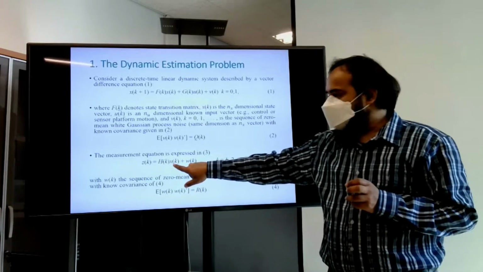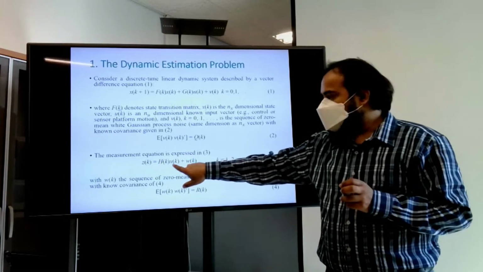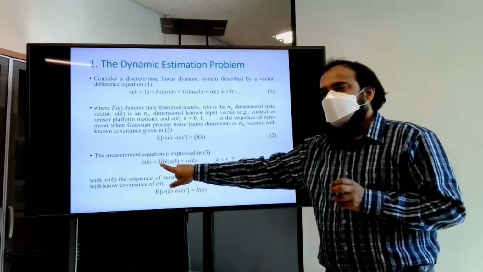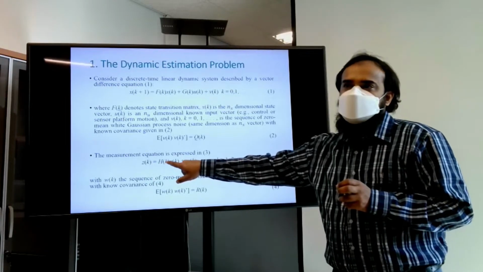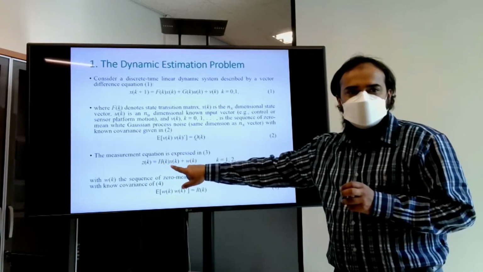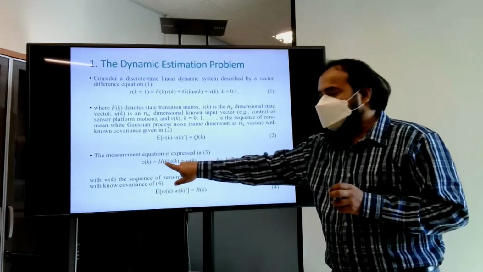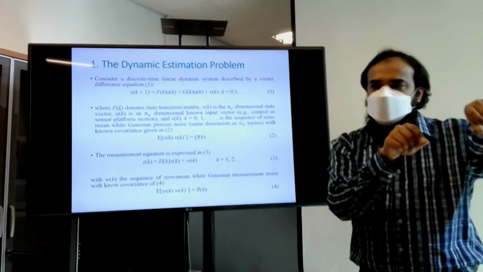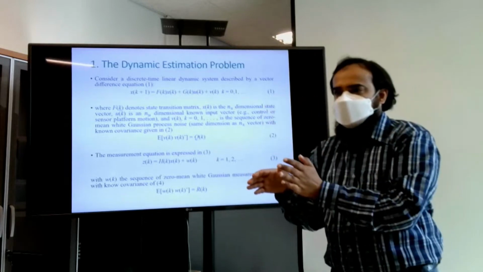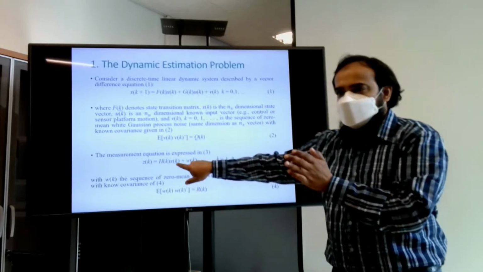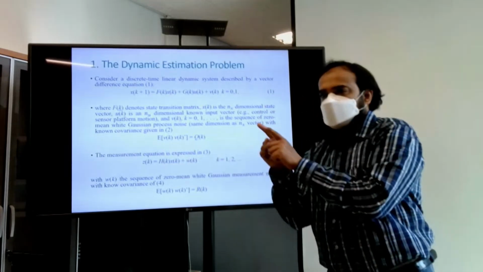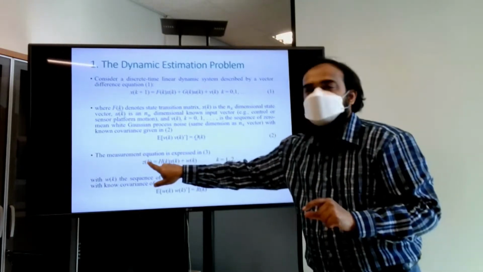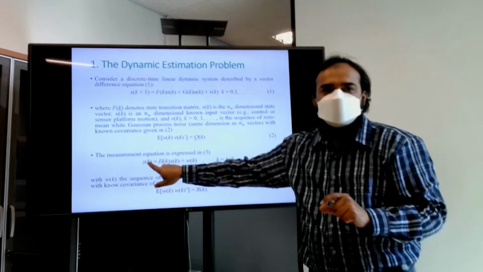Okay, so if it is a 4 by 1 vector, then it will be a 2 by 4 matrix. Out of the 2 by 4 matrix, half is the identity and half is 0, so that when it multiplies the state, it will select only the position. The output is a 2 by 1 vector.